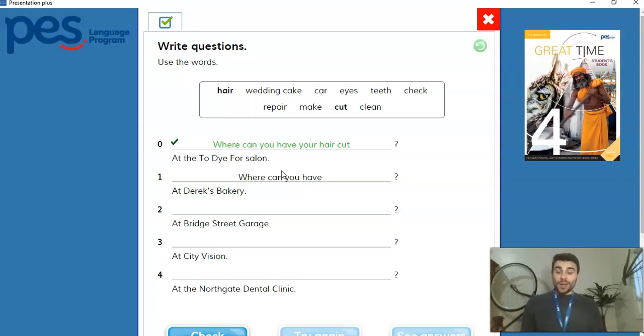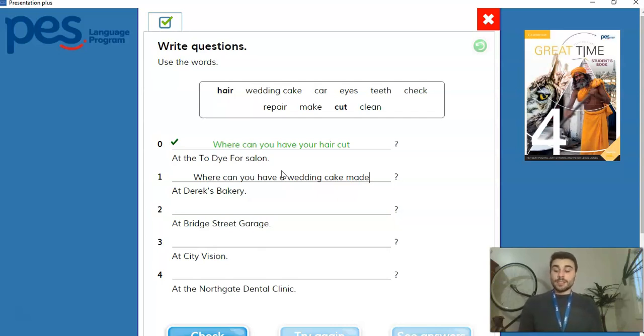So where can you have a wedding cake? And the verb. We check a wedding cake, we repair, we make, or we clean. That's a good question. So we make cakes, right? So where can you have a wedding cake made, because made is the past participle of the verb make.